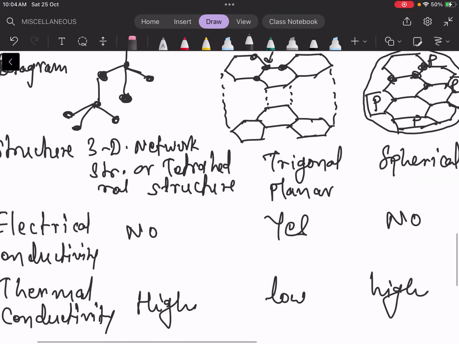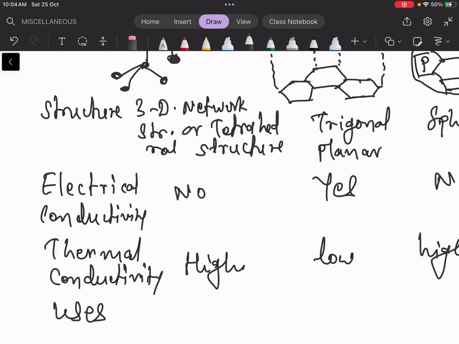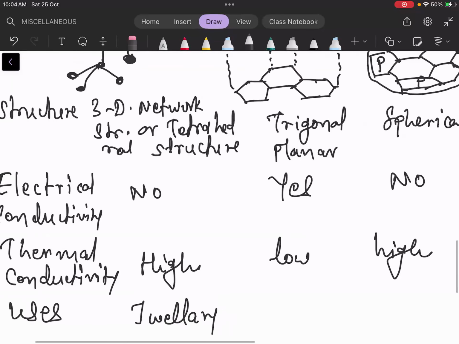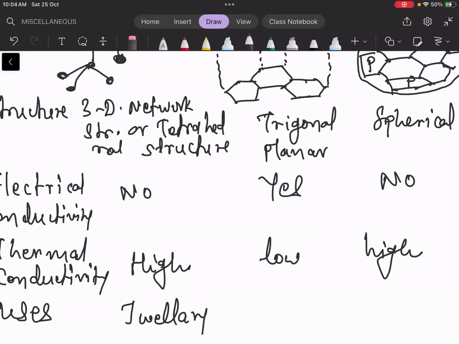Now, what are the uses? Diamond is used in jewelry for decoration purposes. Graphite acts as a solid lubricant and conductor of electricity.